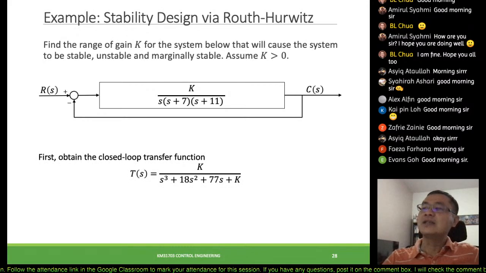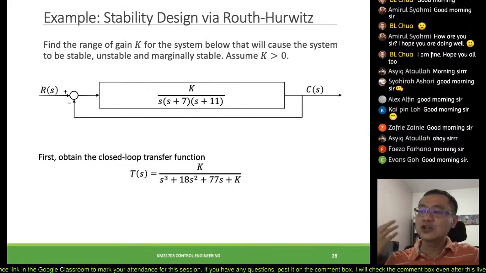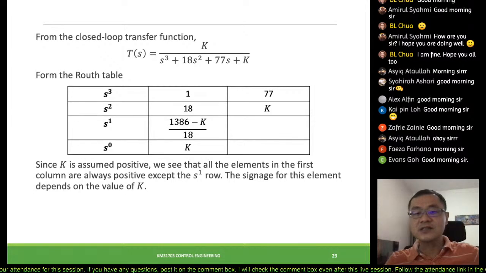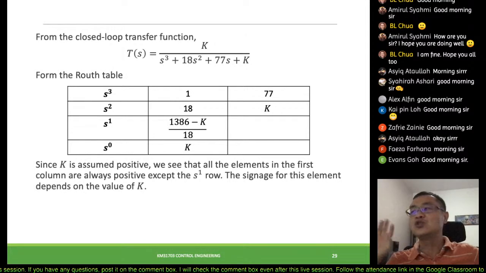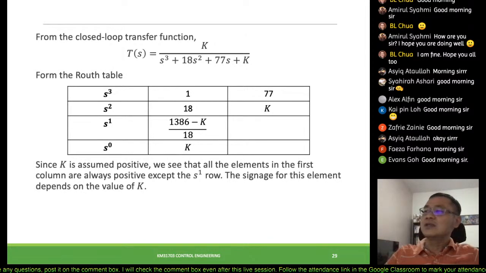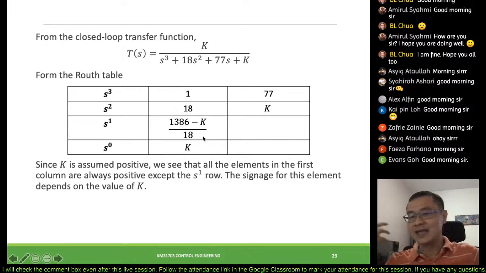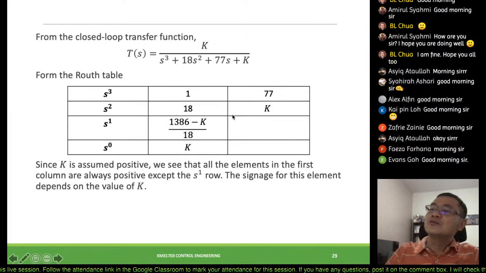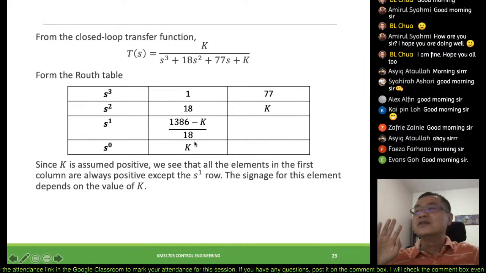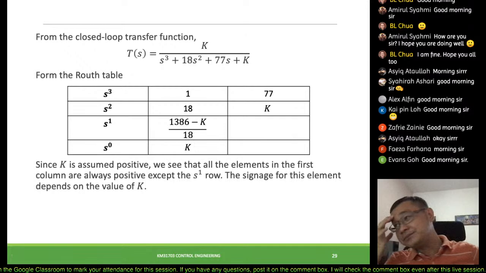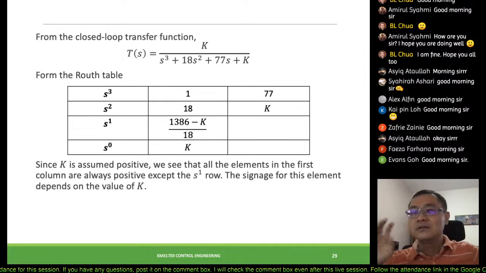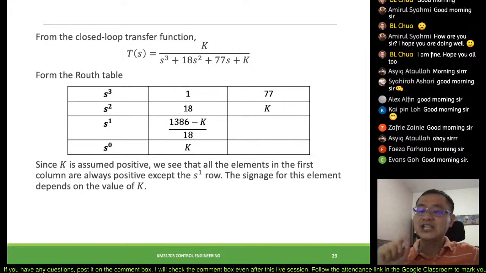First, again, we get the equivalent closed loop transfer function, okay? From the equivalent closed loop transfer function, we put it into the Routh table, okay? Even though K exists, never mind, we just put K in, just like an epsilon or whatever. Then we now analyze it, alright? When we analyze it, we know that in order for the system to be stable, there must be no sign change, right?